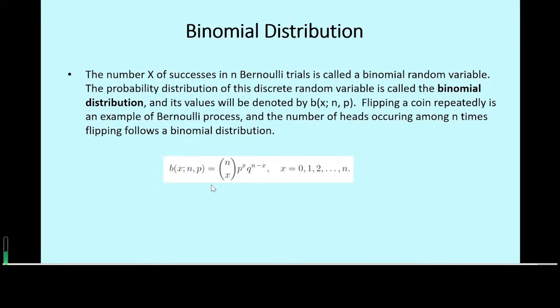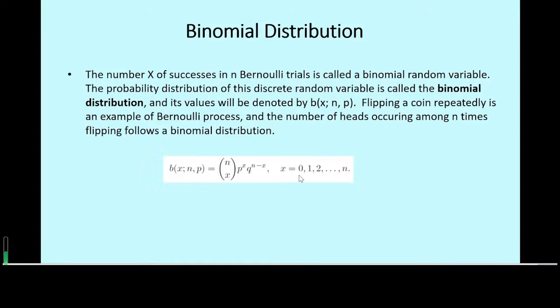The formula to calculate the probability of random variable x, which means how many times success will occur during n trials, with probability p of success for each trial, is the combination of n choose x times p to the power x times q to the power n minus x, where q equals 1 minus p.